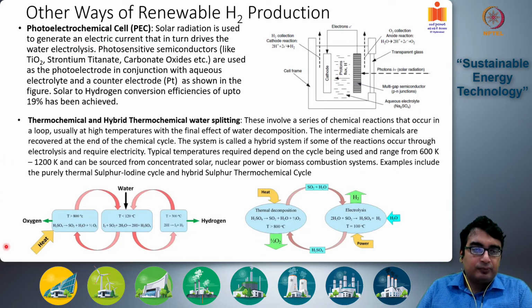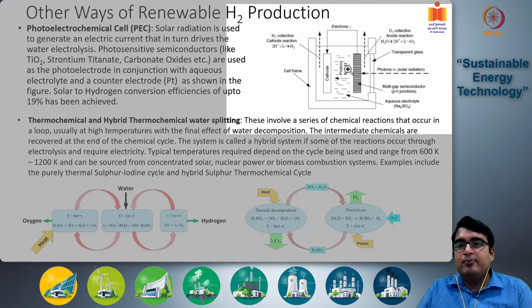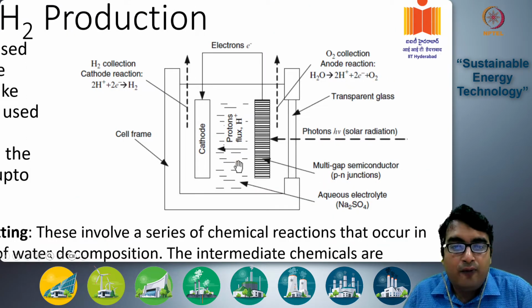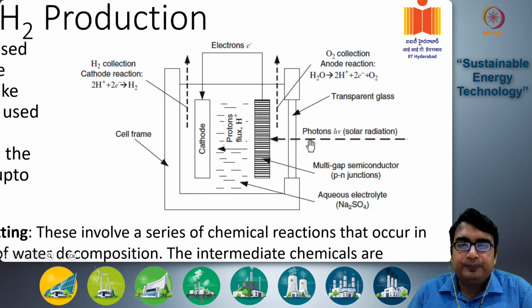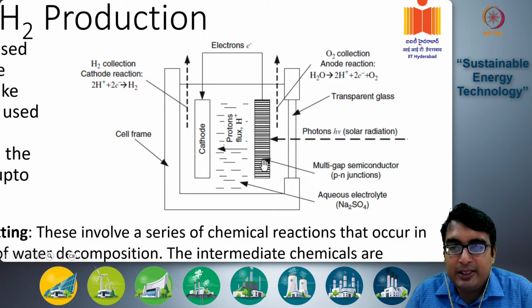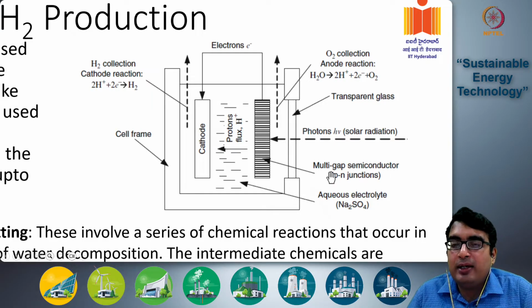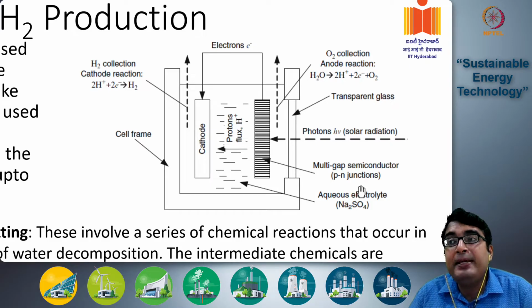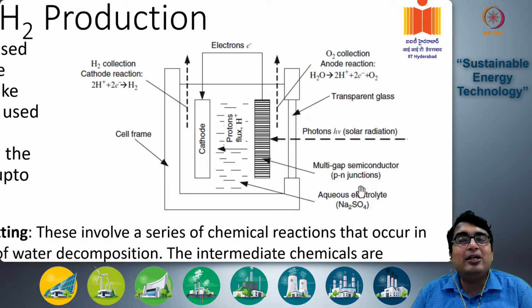Now if we look at the figure in a little more detail, here is your photoelectrochemical cell, made of usually titanium oxide or other such materials. Basically this material is a multi-gap semiconductor made of p-n junctions, but silicon is not used in this case for certain reasons that we will not go into.